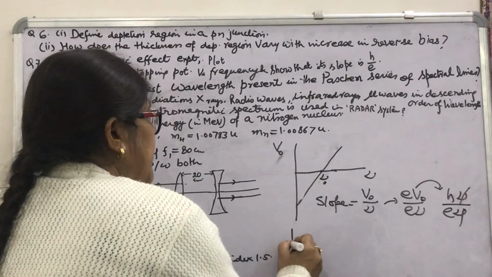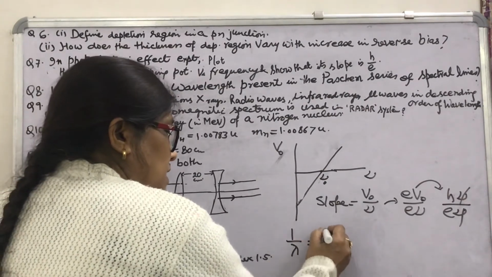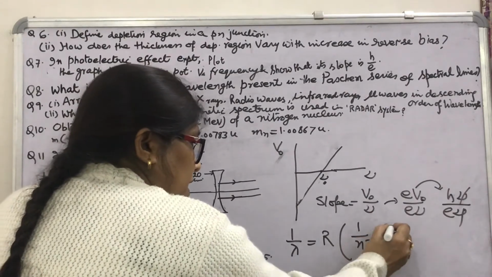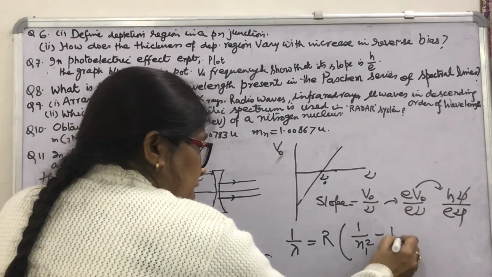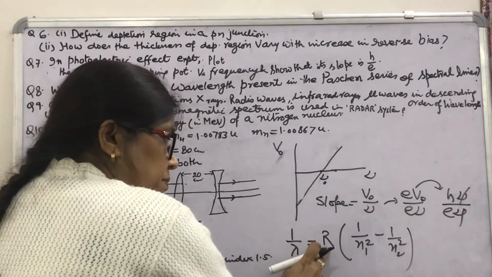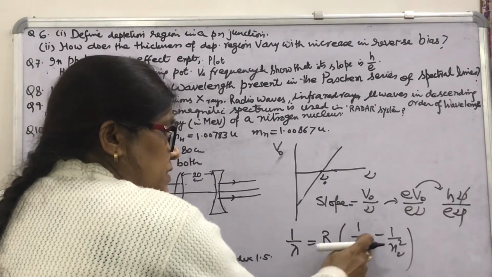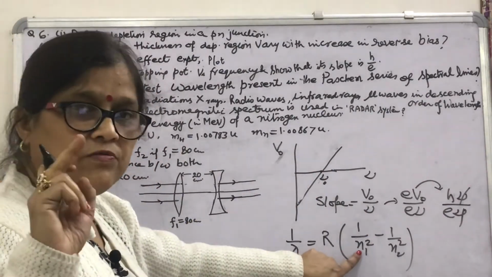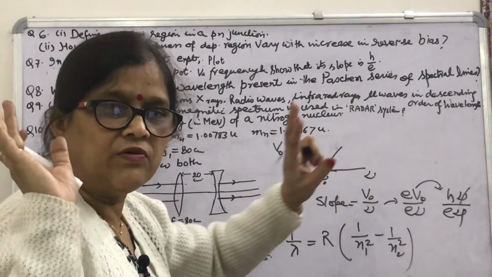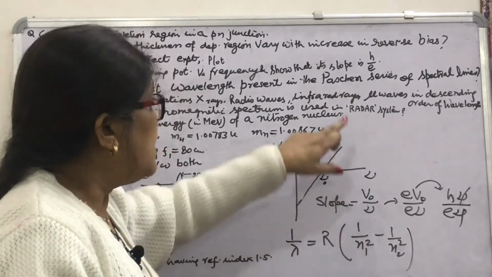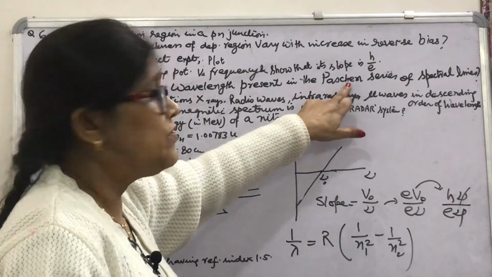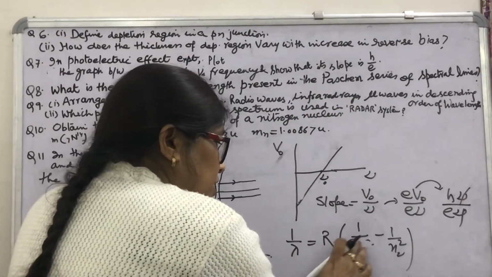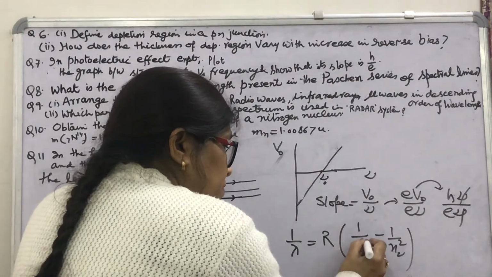The formula for wavelength in general is 1 upon lambda equal to the Rydberg constant within bracket, 1 by n1 square minus 1 by n2 square. If the first series, then put n1 equal to 1 and n2 as 2, 3, 4 onwards. Here in this question, it is asked for the Paschen series. Paschen means third, so you will write in place of n1, 3 square.